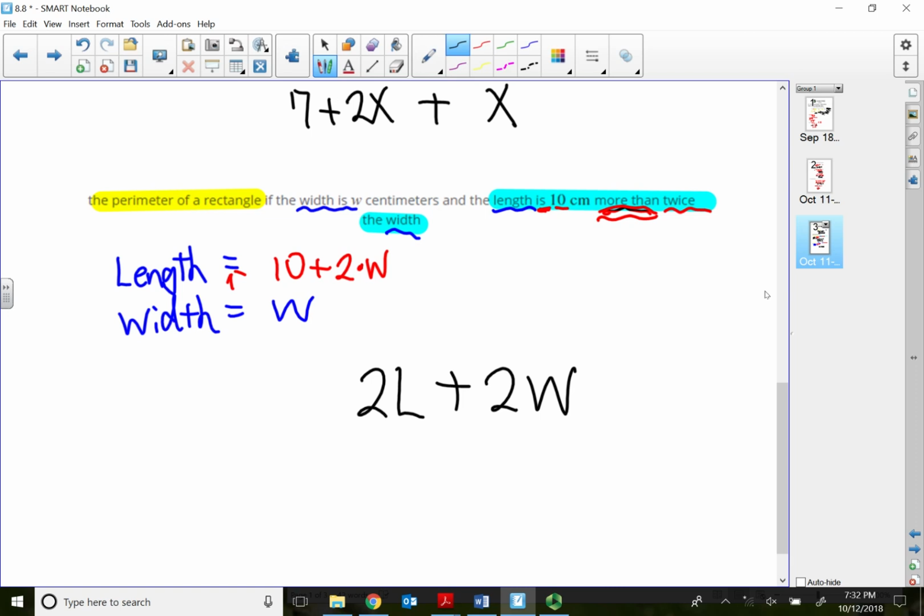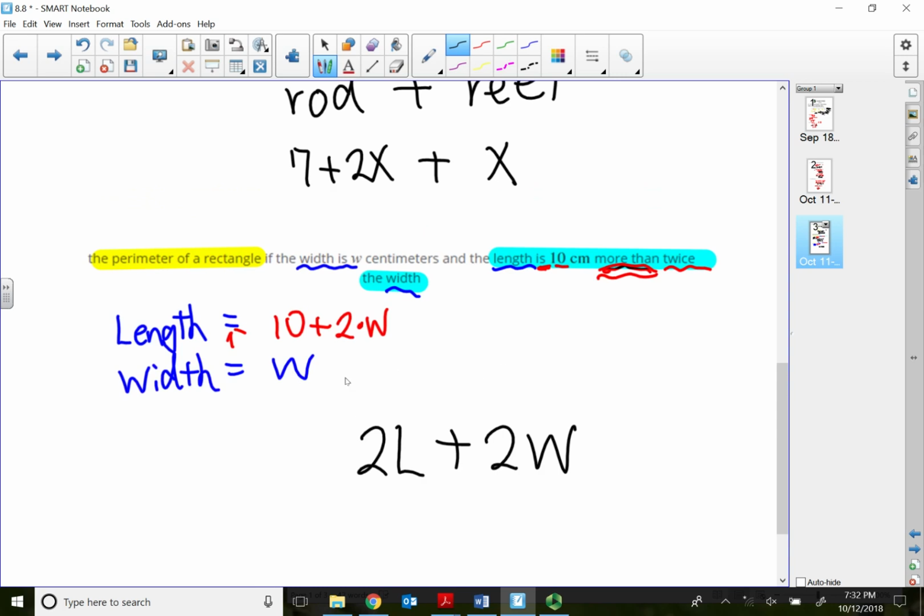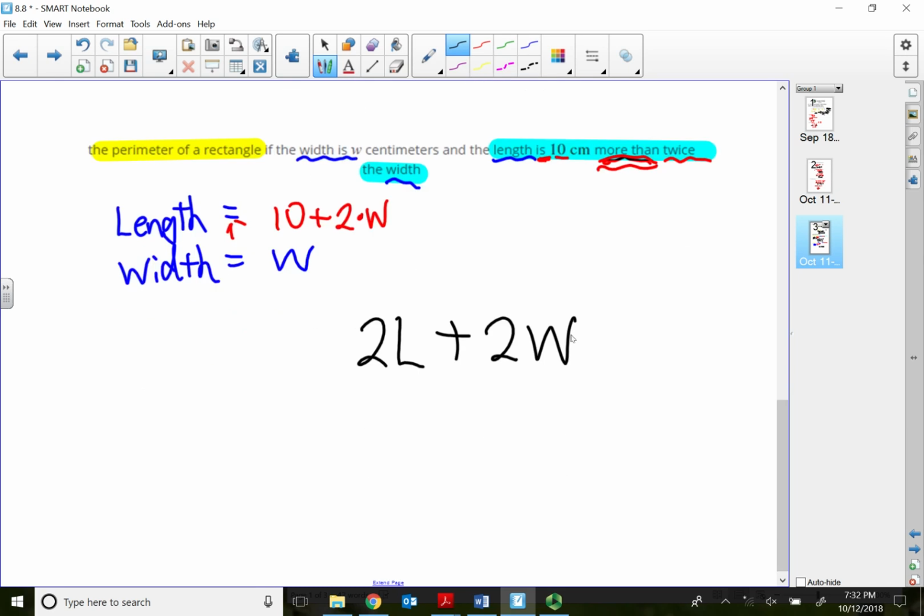I don't know what P is, so I'm not setting them up as an equation, just as an expression. So you can tell this is only half of an equation, which we will learn how to translate and work out in module 9.